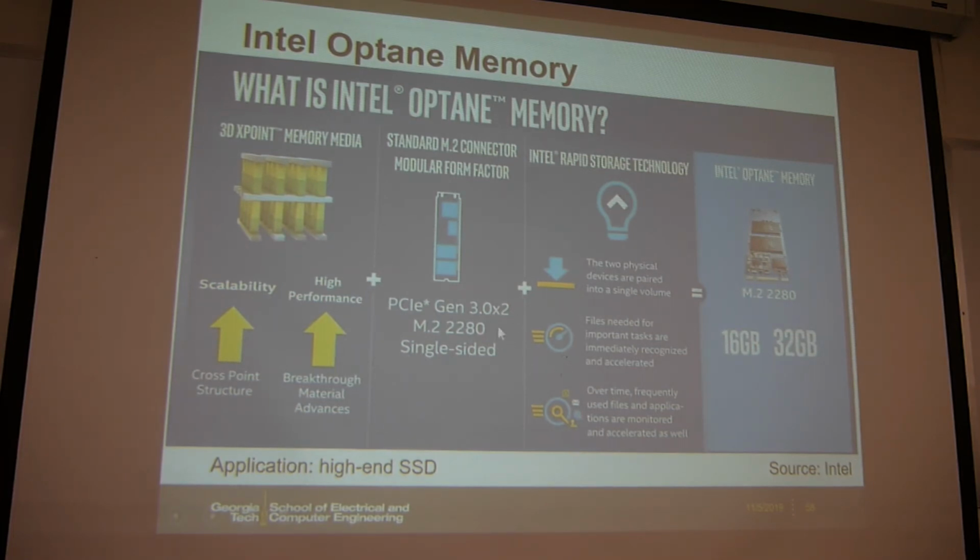This is the so-called Optane memory. You can buy it from the market. I think the first generation cost like $300 per SSD for this 16 or 32 gigabyte. It's more expensive than the regular SSD for the same capacity.